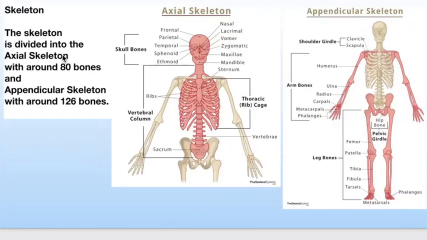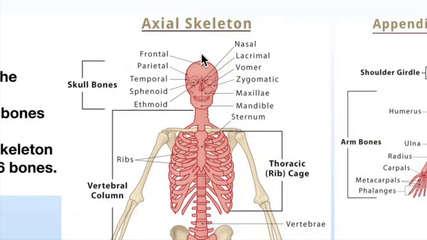So the skeleton is divided into the axial skeleton with around 80 bones and the appendicular skeleton with around 126 bones. Here's a picture with the axial skeleton shown in orange. It includes the skull, the vertebral column, the ribs, and the sternum.